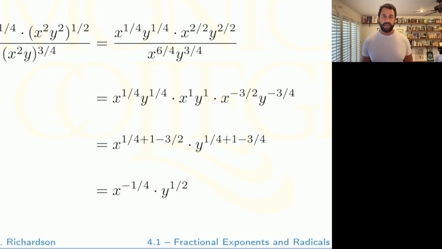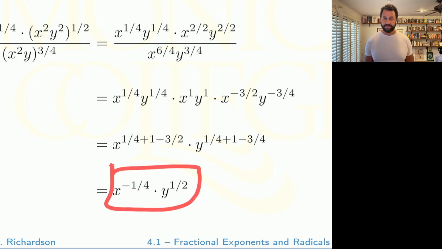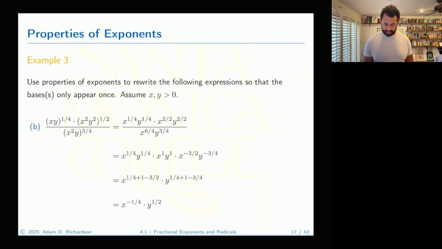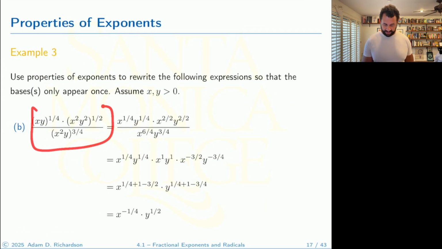We've got practice with that. We'll get more practice here. Simplify this sum and difference, simplify that sum and difference. You get -1/4, you get 1/2, and boom, that's it. So long story short, this big mess that you see up here is really just x to the -1/4 and y to the 1/2. When you simplify everything down, that's what you get.